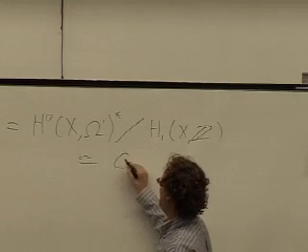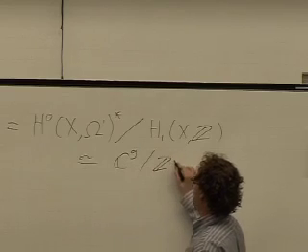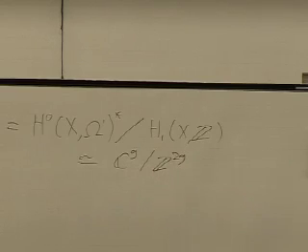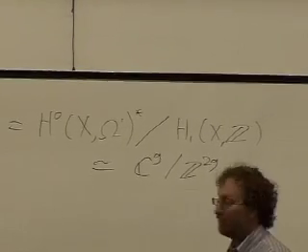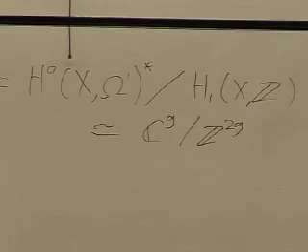So this could be identified as C^g mod Z^2g, where g is the genus. OK, so this is a g-dimensional complex torus. Hopefully everyone's familiar with this.